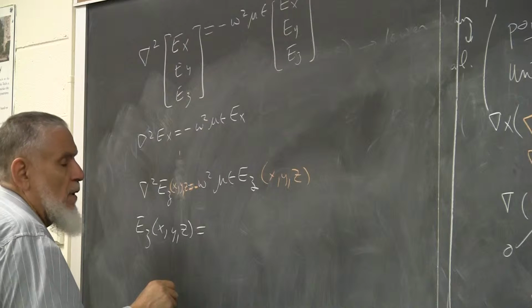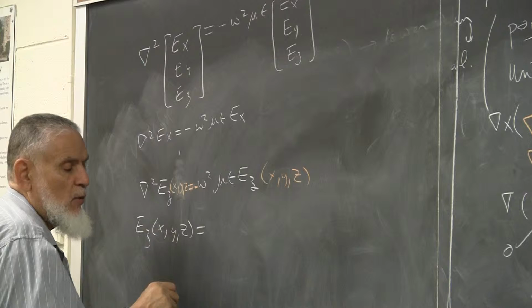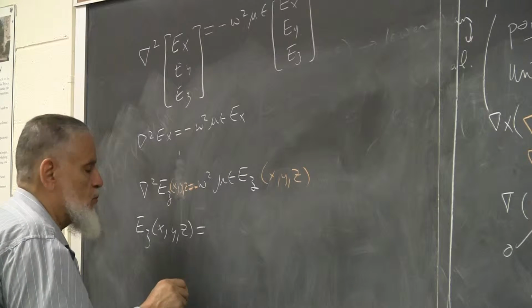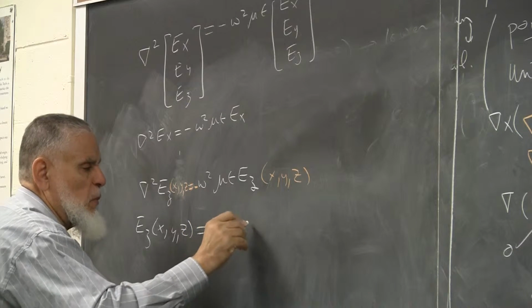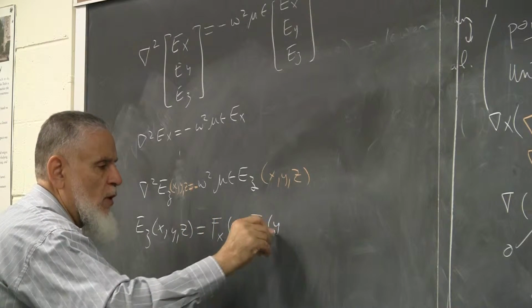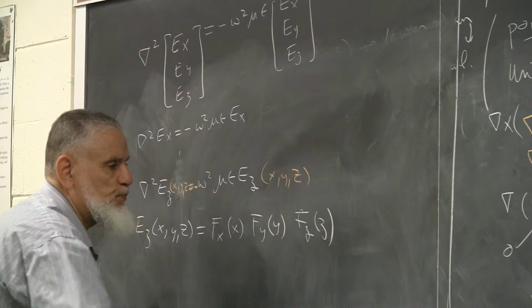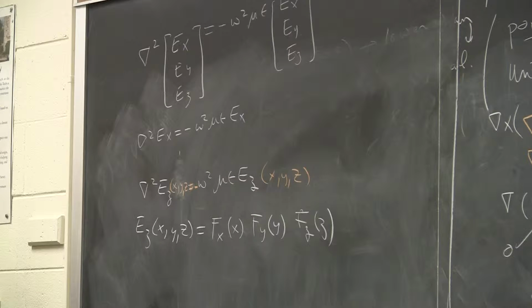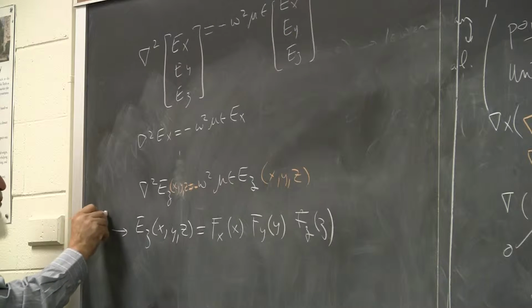I can't remember what I called them in my notes. Fx of x only times function of y only times function of z only. It's a product of 3 separable functions. So that's the separation of variable technique. So that's an assumption.